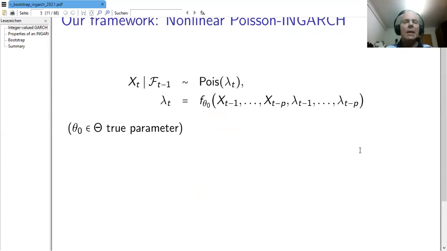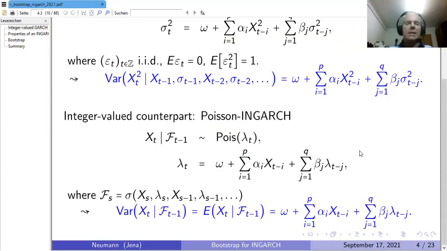In this case, it turns out that the conditional variance of X_t given the past, in case of a Poisson distribution, is equal to the conditional expectation of X_t. This has a similar structure as in the classical GARCH model, and therefore processes with this structure are called integer valued GARCH processes. Okay.